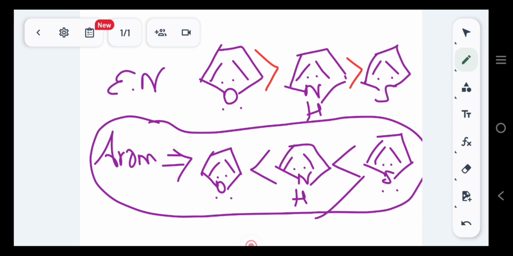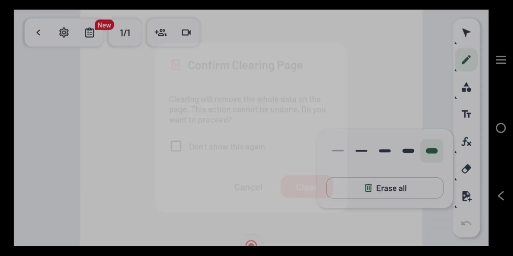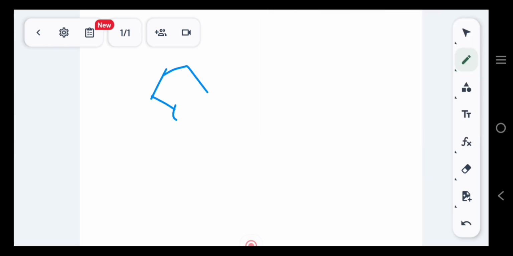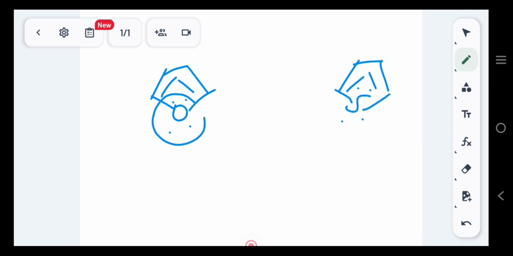What is the reason? I have told you that aromaticity is inversely proportional to electronegativity, but why? See here, oxygen is the most electronegative and this is the least aromatic one. Oxygen is more electronegative, in the sense it will try to pull the lone pair of electrons towards itself.